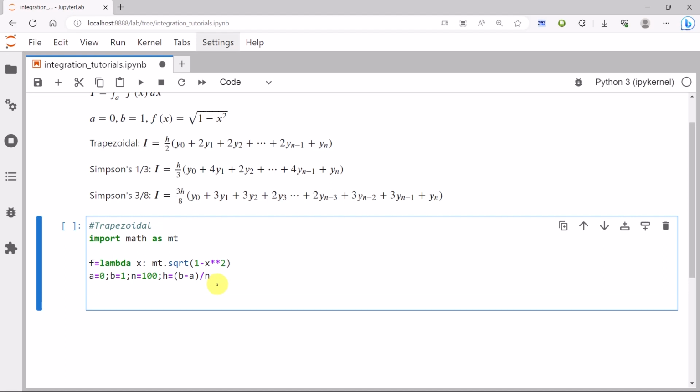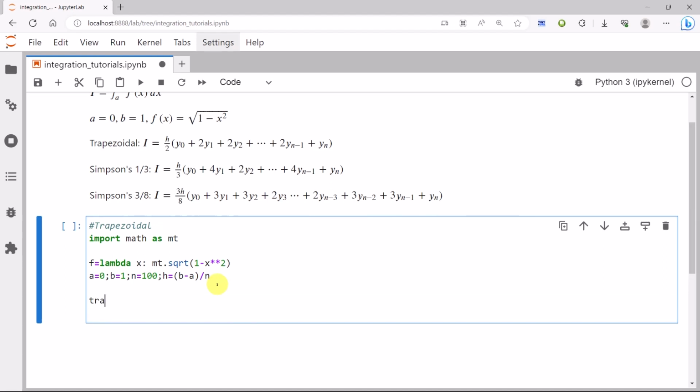Let us say I name it s_trap, and I initialize it with f of a plus f of b. These are my y0 and yn. So just keep on writing here that these are my y0 and yn.